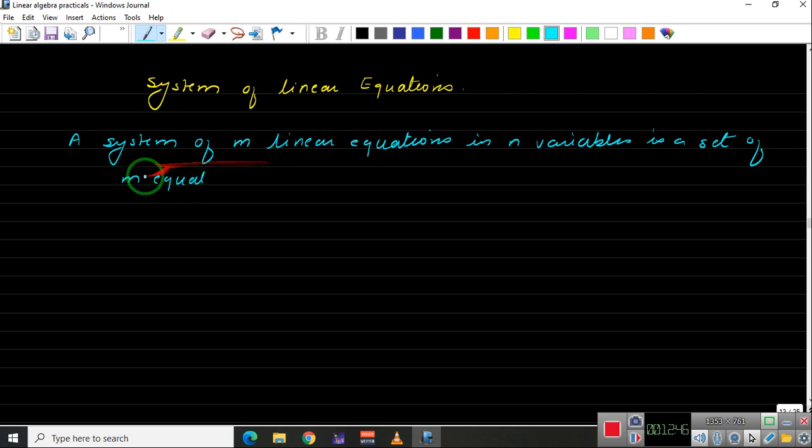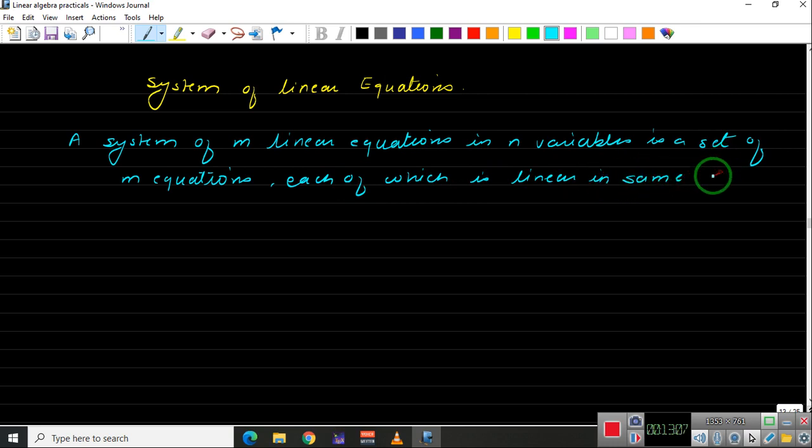System of m linear equations, that means m equations, each of which is linear, so each equation is linear, in the same n variables. Again, the variables should be the same.